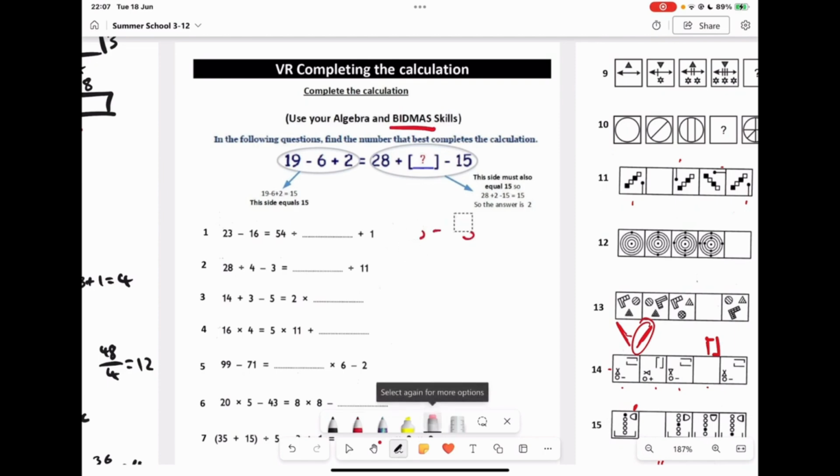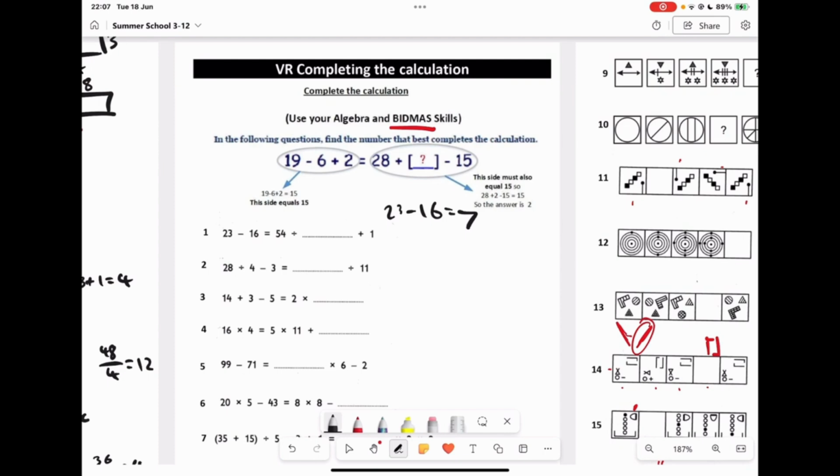I'll write this in black. So 23 minus 16 will be equal to 7. And then we have to get the same value on the other side. So what we can do first, because it's 54 divided by something plus 1, is minus 1. So we know that we need to get a value of 6 from 54 divided by something.